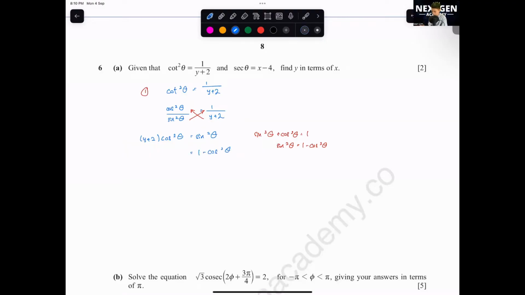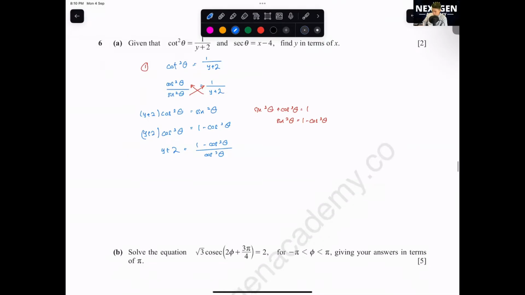Wait, sorry, for my steps actually just leave it like that: y plus 2 cos squared theta. Now I divide by cos squared theta, so 1 minus cos squared theta over cos squared theta. I'm going to take this divided by this, so 1 over cos squared theta minus 1. What is 1 minus cos squared theta?